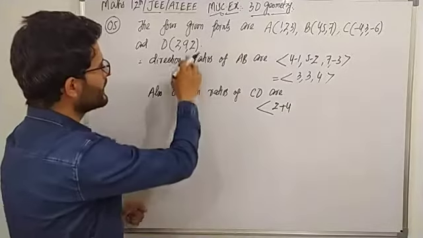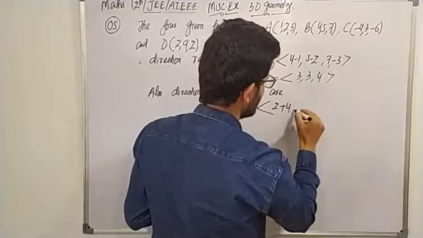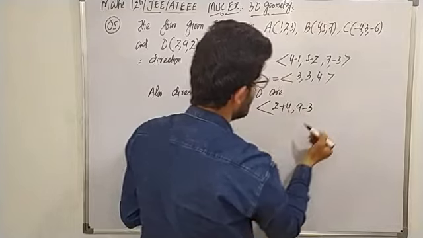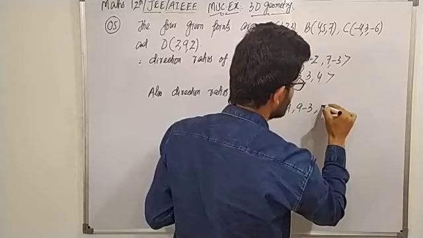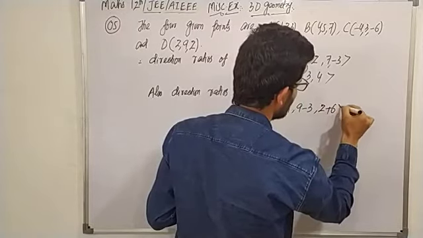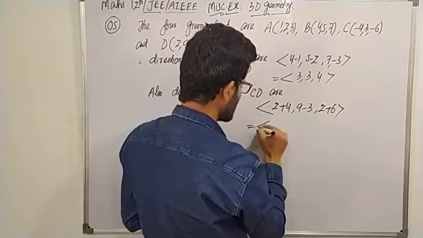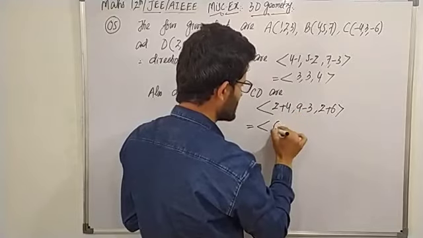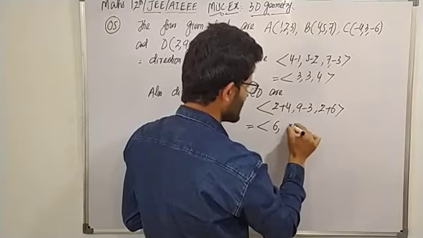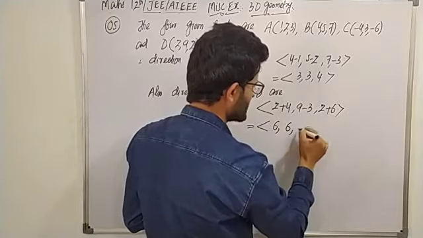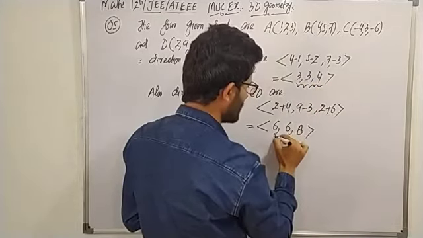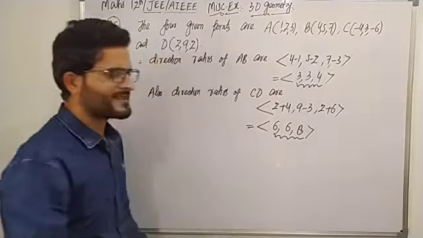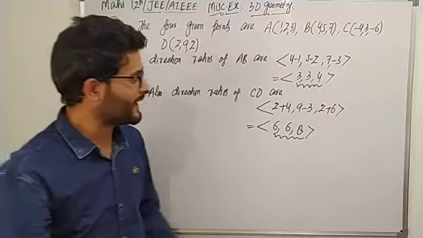Is that clear? 9 minus 3, and 2 minus of minus 6, that is 2 plus 6. And that's equal to the ordered 3 tuple of 2 plus 4, that is 6, 9 minus 3, that's again 6, and 2 plus 6, that is 8. So the direction ratios of AB are 3, 3, 4. The direction ratios of CD are 6, 6 and 8.